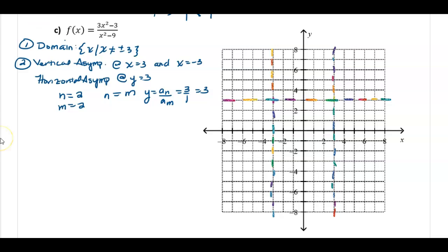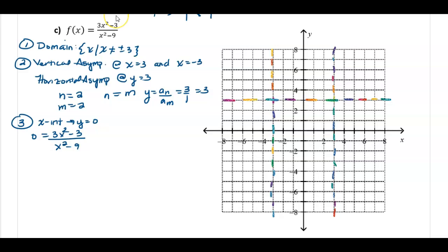Step 3 asks us to look for our intercepts. So the x-intercept says y equals 0. So 0 equals 3x squared minus 3 over x squared minus 9.